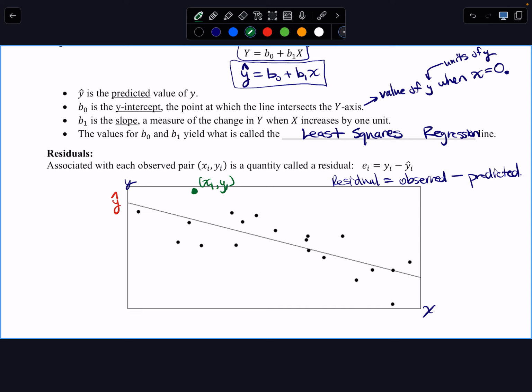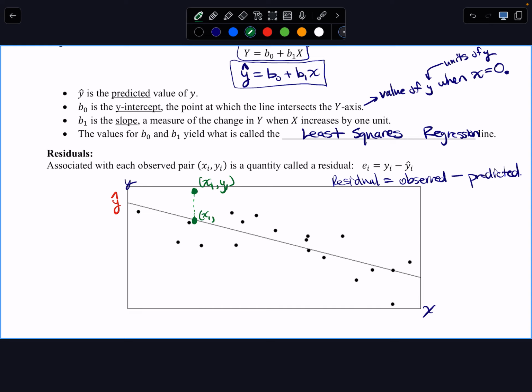All right, for me to see the residual, I'm going to create a vertical line from that point to my regression line. And this point is on the regression line, right? Notice that was a perfectly vertical line, or it should be. And so it has the same X coordinate. So I'm going to say that this is X sub 1. But since it's on the line, it's a predicted value.